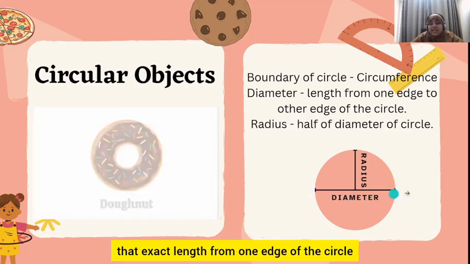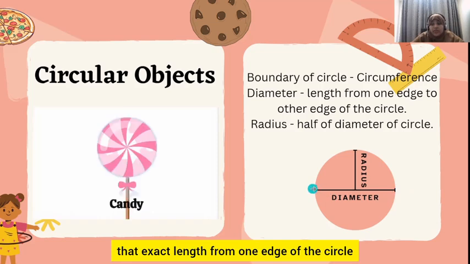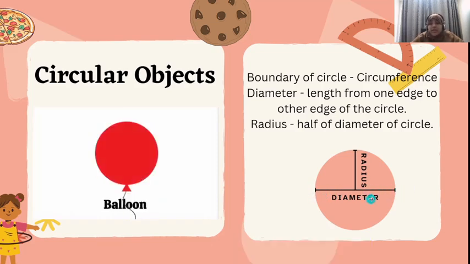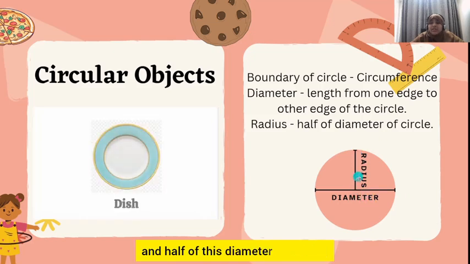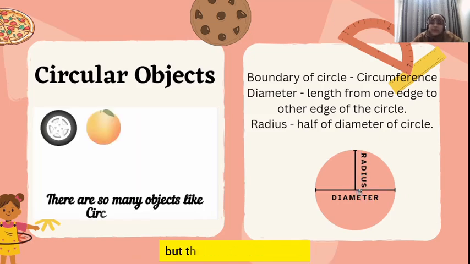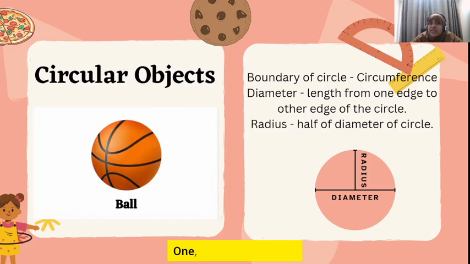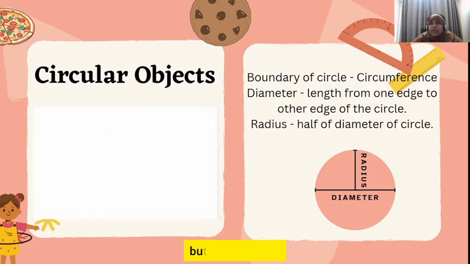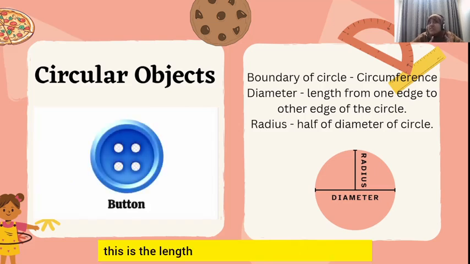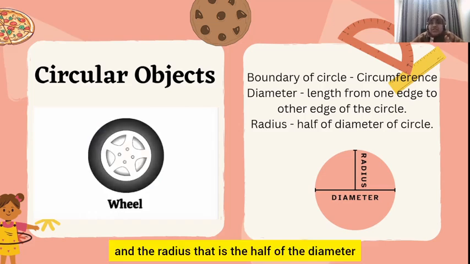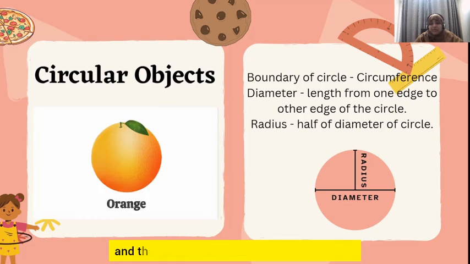Half of this diameter is the radius of the circle. So these are the three terms we have to learn: the circumference, which is the boundary; the diameter, the length from one edge to the other edge; and the radius, which is half of the diameter.